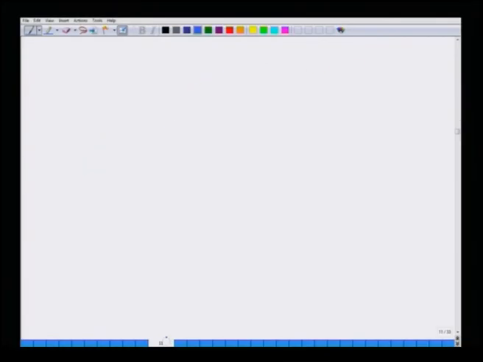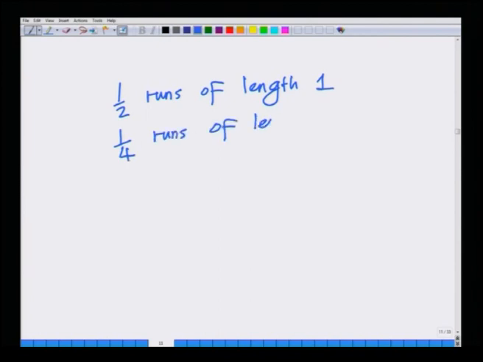So, if I write this thing, half the runs of length 1, 1/4 runs of length 2, 1/8 runs of length 4, and so on and so forth.